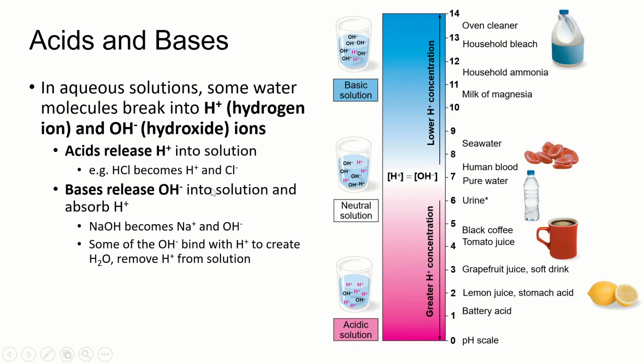Bases release hydroxide into the solution and absorb the hydrogen ions. So something like sodium hydroxide is a very powerful base. When it is added to water, it dissociates into sodium and a hydroxide ion. A lot of these hydroxide ions bind with the hydrogen ions, and some of them even cause water molecules to separate so that they can have a hydroxide to bind with.